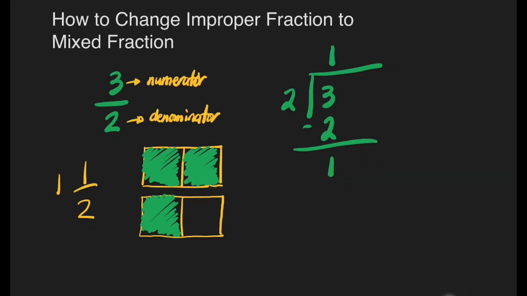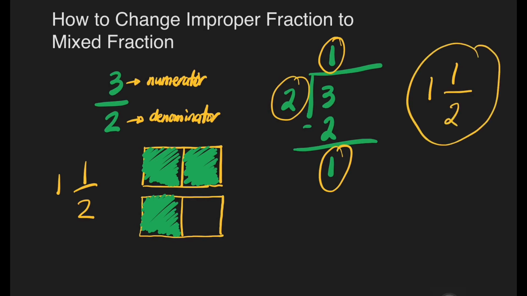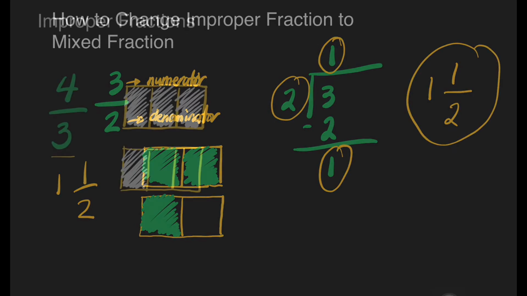After dividing, the quotient will become the whole number. The remainder will become the numerator, and the divisor will become the denominator. So that's it. It's very easy.